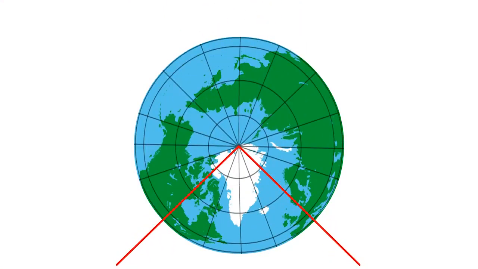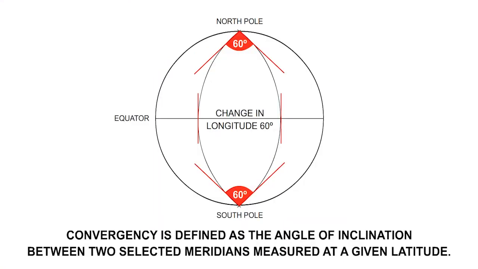Let's summarize what we've covered. Convergency, or Earth convergence, results from the fact that, except at the equator, meridians are not parallel to each other. Convergency is defined as the angle of inclination between two selected meridians measured at a given latitude.